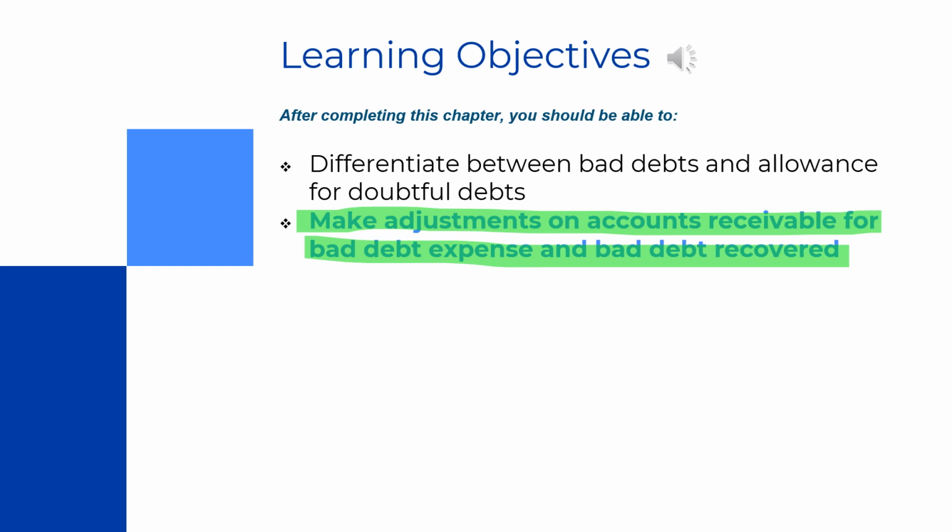So in this section we will learn to make adjustments on accounts receivable for bad debt expense and bad debt recovered. This is in conjunction with the allowance method that we have learned in the previous section.